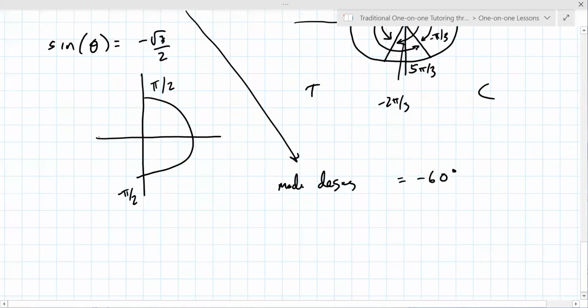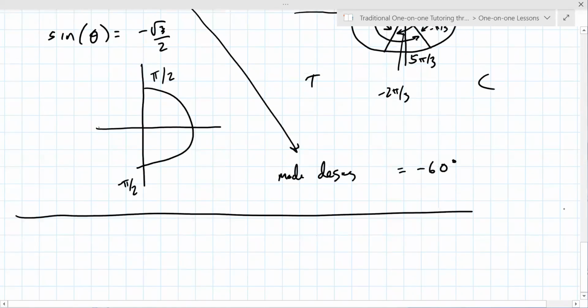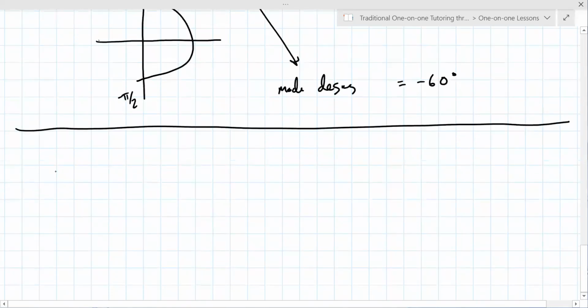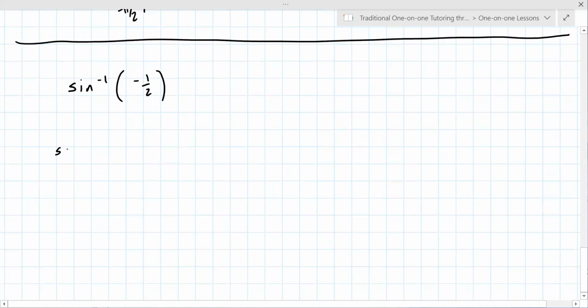So Niko, we'll do one more of these for sine, just to help here. Let's say I want the arc sine of -1/2. That's asking again the sine of what angle equals -1/2. You go to your unit circle. We did one just like this.